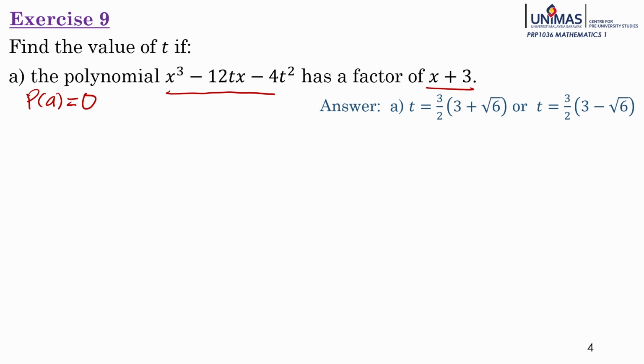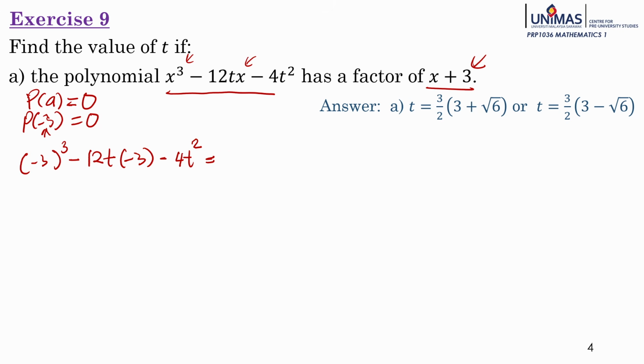Then you simplify, you can get negative 27 plus 36t minus 4t squared equal to 0.